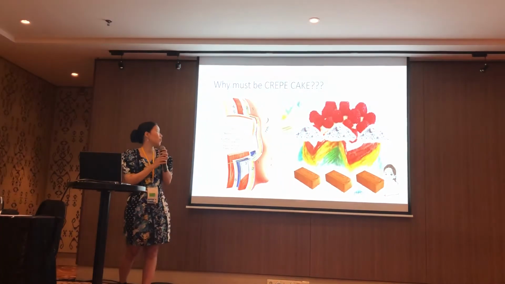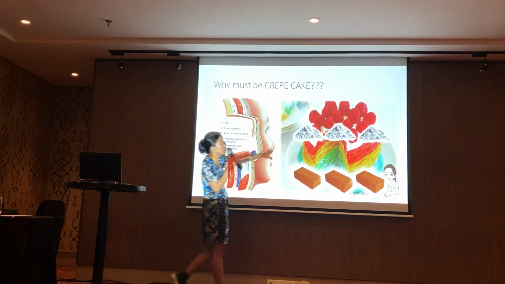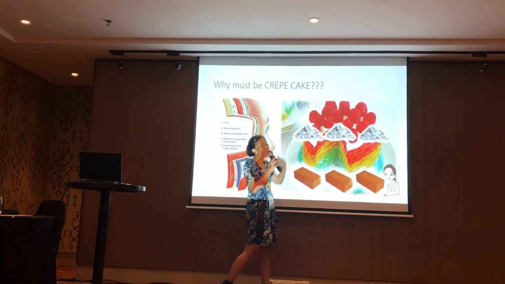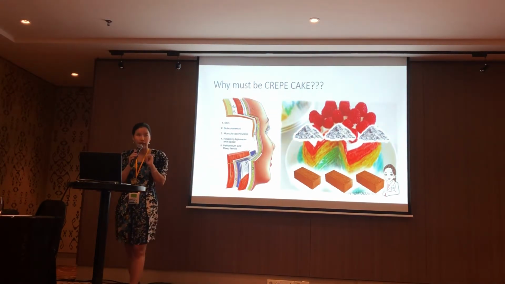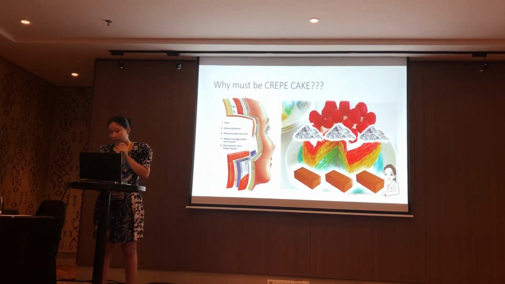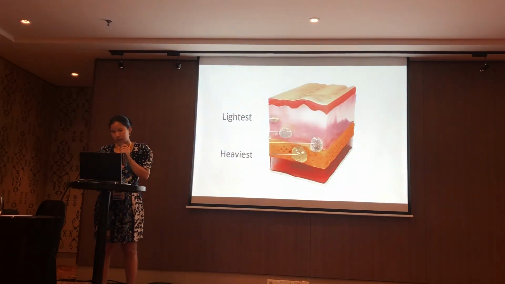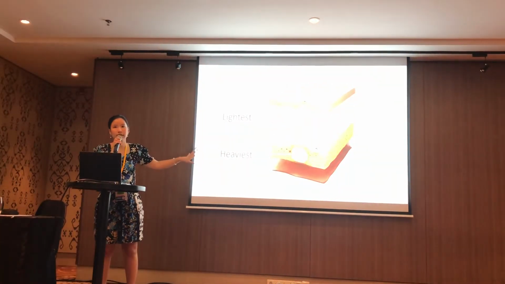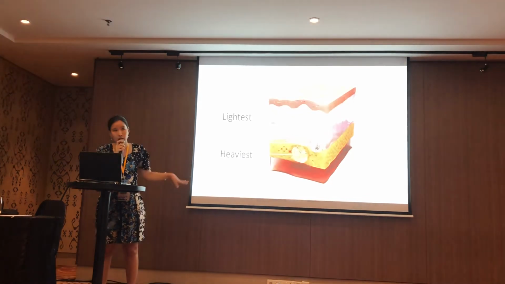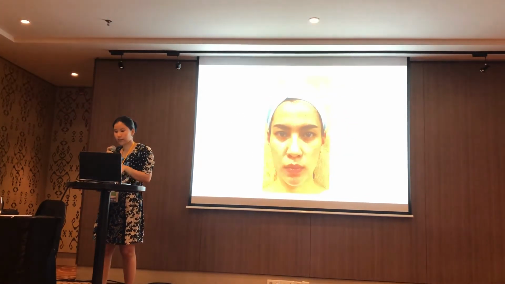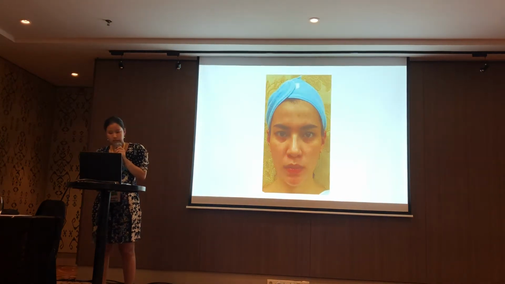And for the more superficial area, we use the lighter one to mimic the properties of the skin. Okay? The concept is like this. Just follow the way your natural anatomy is. And this is the patient.